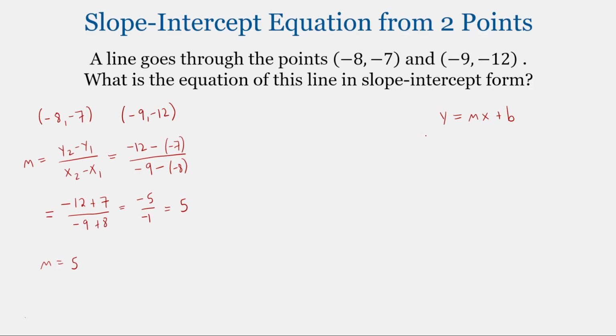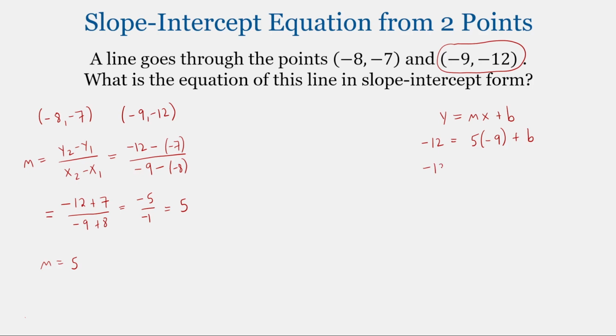And then using this slope and one of those points, we're going to plug this into our slope-intercept form. In this case, I'll take the second point, just for a little variety. Again, it does not matter which point you select. So our y value is negative 12 equal to slope of 5, x value is negative 9, plus b.